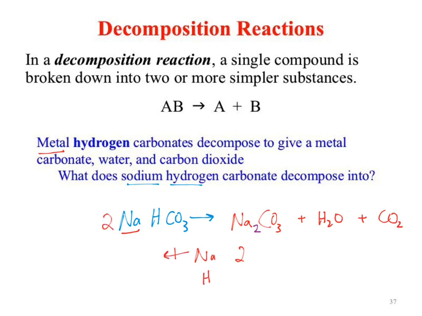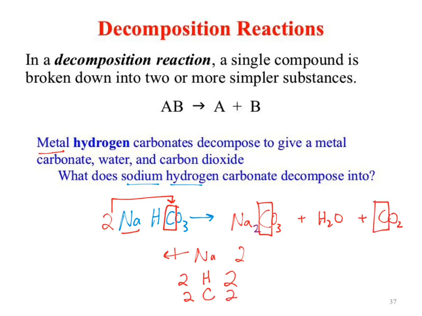How many hydrogens? 2 and 2. Where's my pen? There's my pen. Oxygen or carbon. There would be 2. On the right, how many carbons are there? 2.